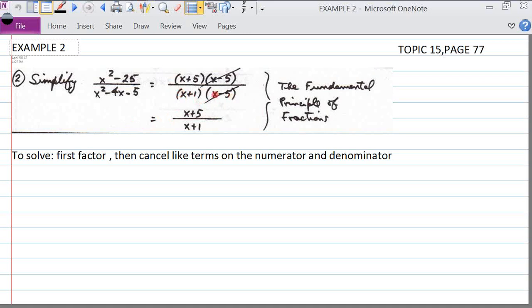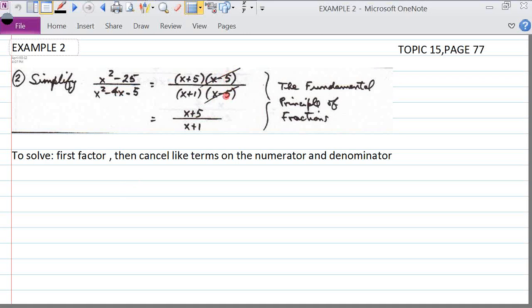The first times the first gives me x squared. Plus 1 times minus 5 gives me minus 5. The inner is plus 1x. The outer is minus 5x. If I combine them, I get minus 4x. So now I can see that the x minus 5 is common to the top and the bottom, to the numerator and the denominator.